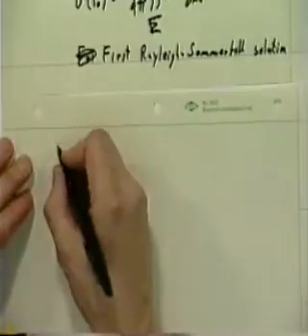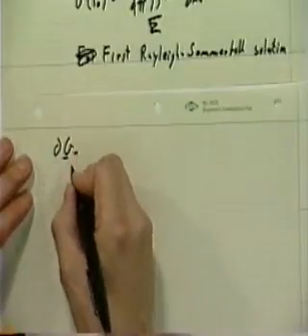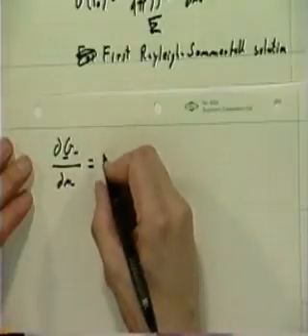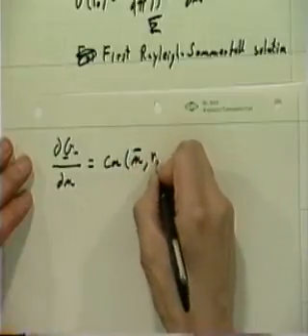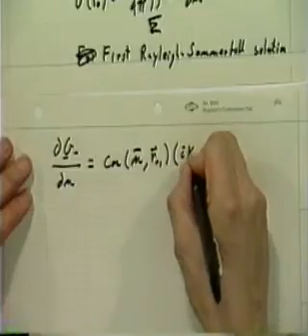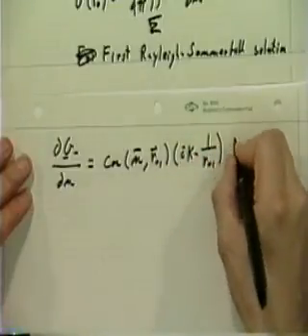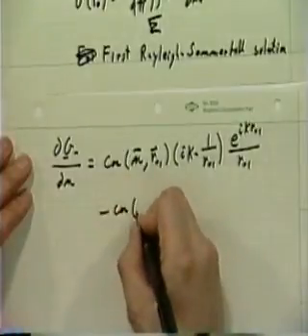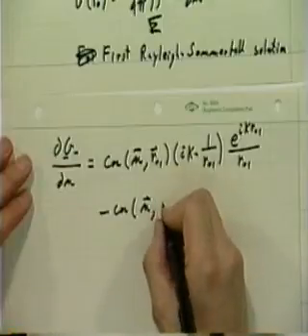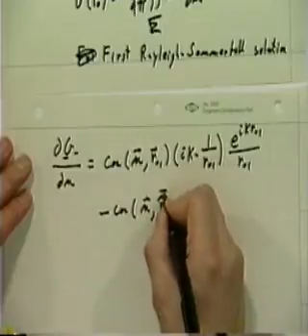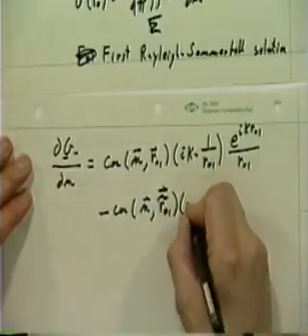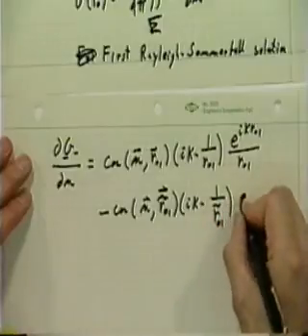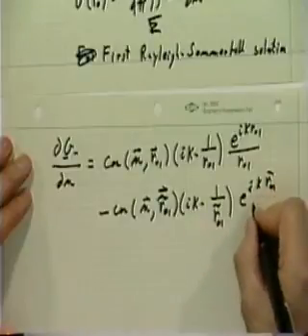And so the partial of G minus with respect to n at point P1, I won't put that in here, is just like what we had before, but it's going to be cosine of n, R01 times (ik minus 1 over R01) e to the i k R01 over R01, minus cosine of n, R01 tilde times (ik minus 1 over R01 tilde) e to the i k R01 tilde over R01 tilde.